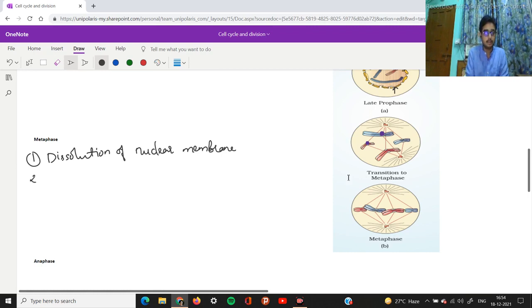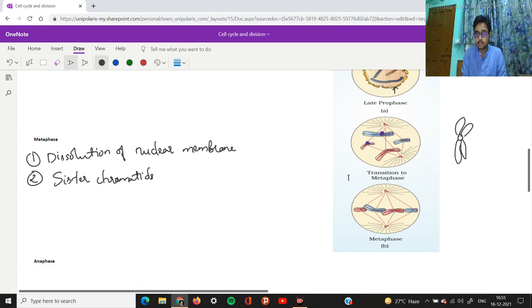Okay, and the chromosomes take proper shape, and after this shape is taken, sister chromatids are formed. What are sister chromatids? They are two parts of the same chromosome. We can see here, this is the chromosome.